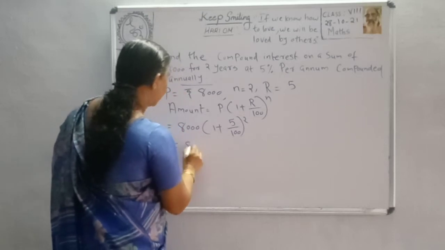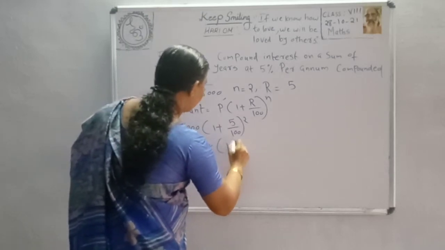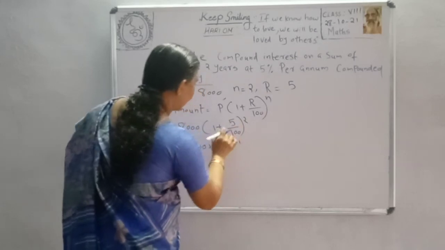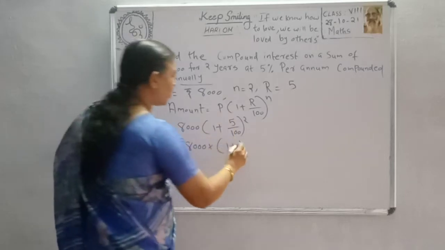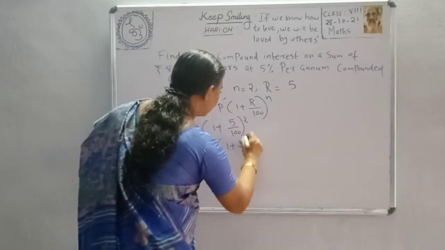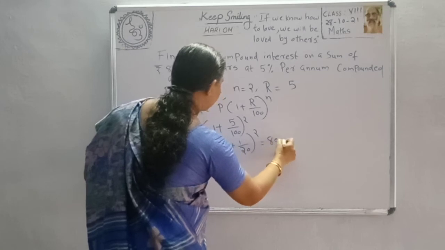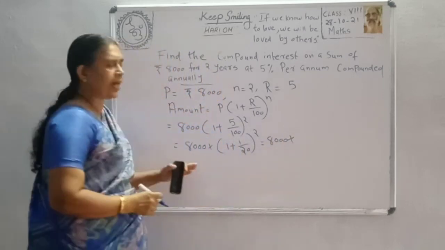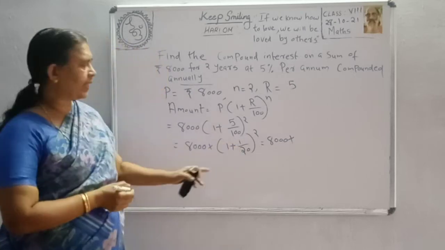Or we can write 8,000 into 1 plus 5 by 100, and cancel by 5. Then 5 into 20 is 100. So it is equal to 1 by 20 the whole square. Then we can simplify it. That is 8,000 into 1 plus 1 by 20, we take the LCM.